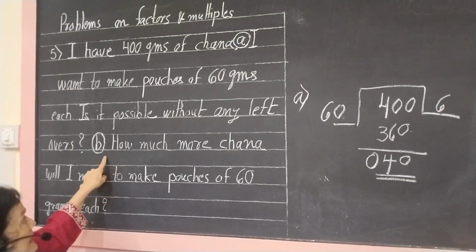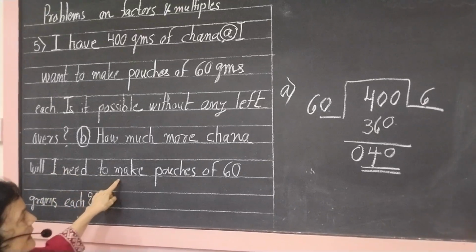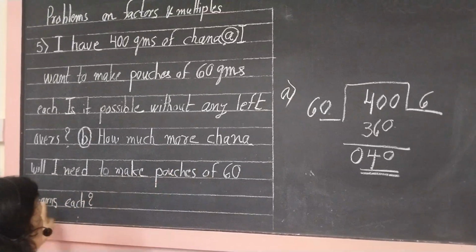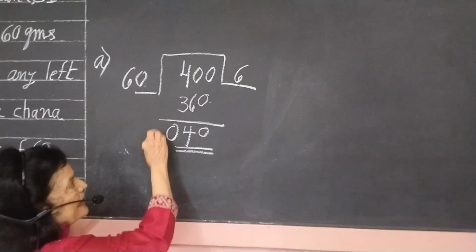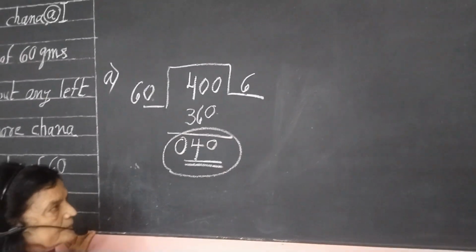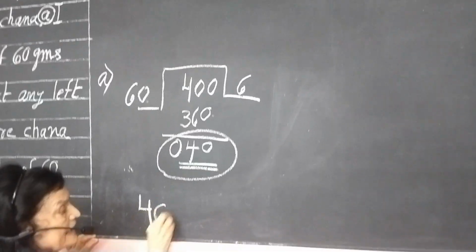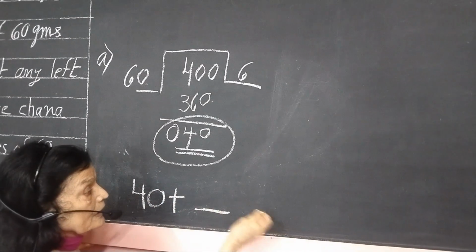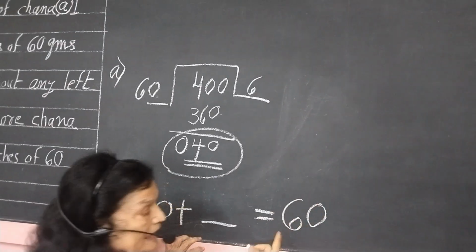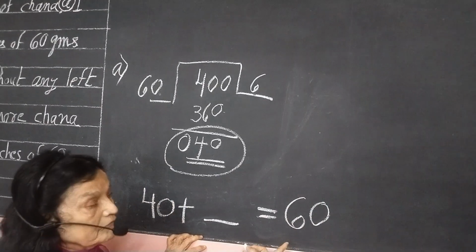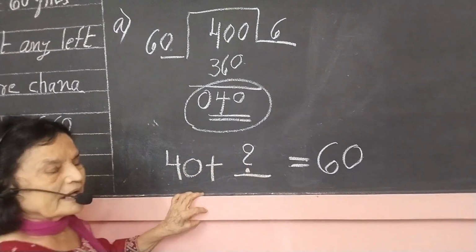In part 2, how much more chana will I need to make pouches of 60 grams each? Now look, 40 grams are already left. In it, we will have to add something to make it 60 grams, and then only one more pouch can be filled. So what is this amount? That we have to find out.